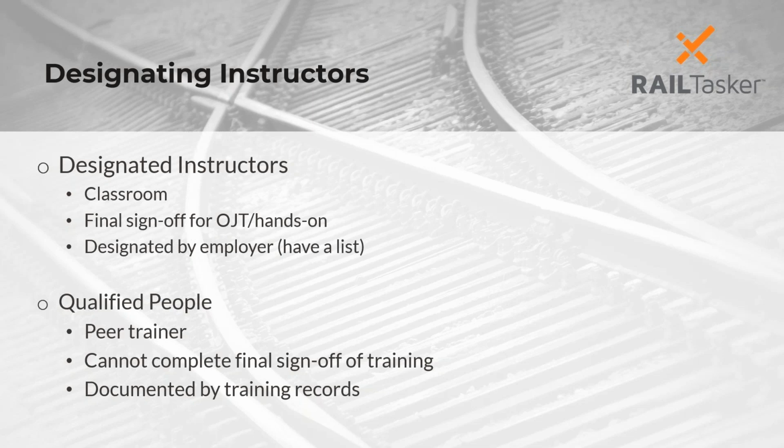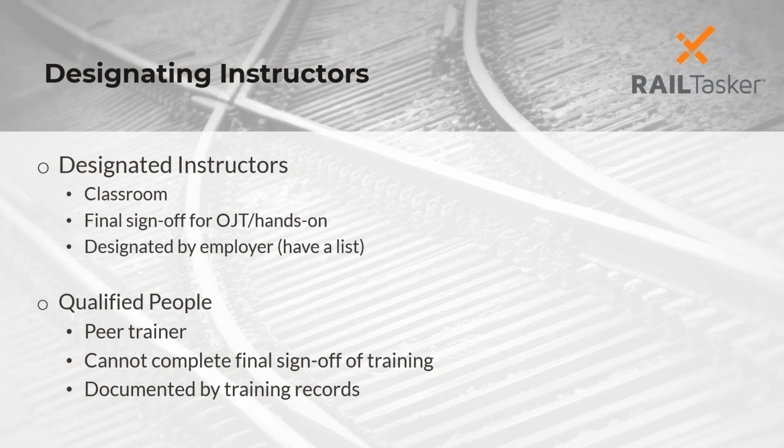And then I just have on the same slide the difference, so you can see the difference between qualified people, which is not a definition in the regulation, I don't think, but comes up in the compliance manual and in some of the other guidance FRA has issued. This is the peer trainer. They cannot do the final sign off on the job training checklist, but they can sign off on the repetitions.